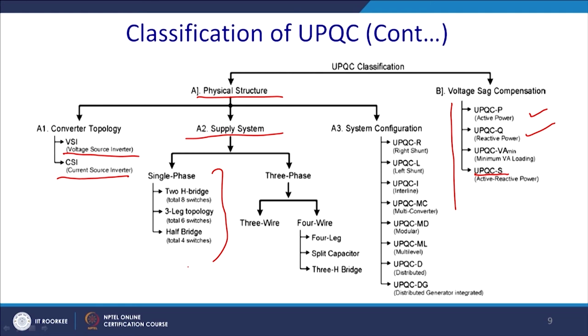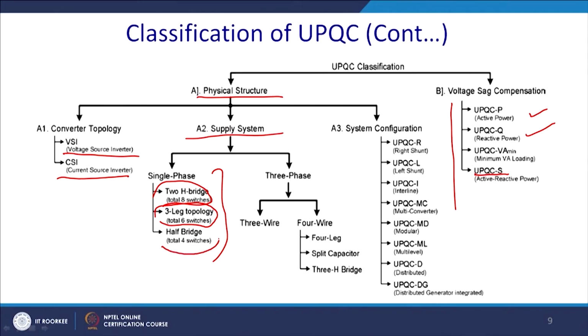For this reason we have a total 8 switch normal topology, and there might be a 3 leg 6 switch topology, where instead of the 4 legs, 1 leg is shared by shunt and series both, and the half bridge topology that consists of 4 switches.